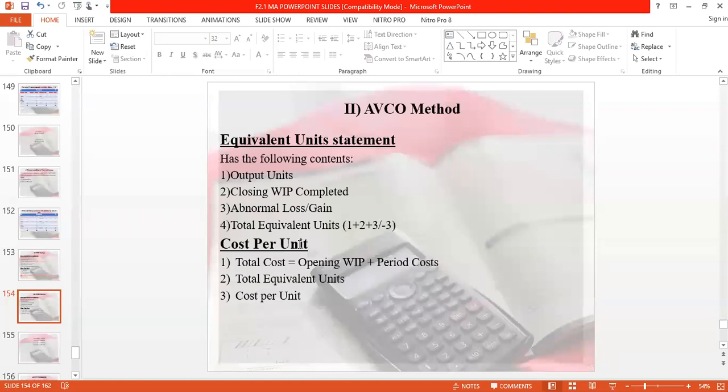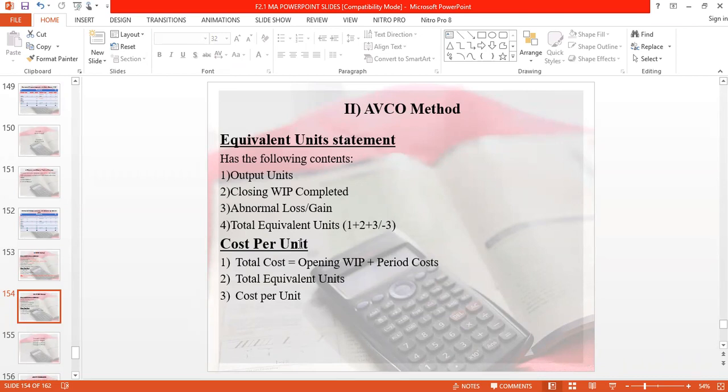You show your abnormal loss or gain to give you the total equivalent units. I'm repeating: output units plus closing work in progress completed plus abnormal loss or minus abnormal gain to give you the total equivalent units. And then you get the cost per unit.